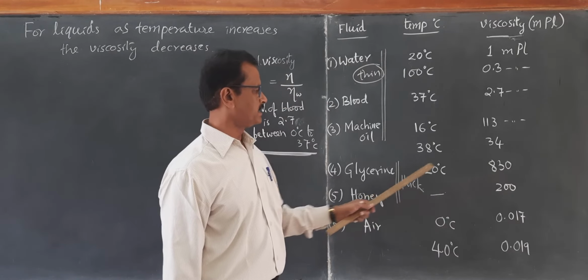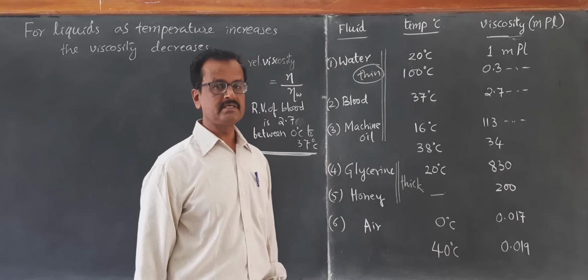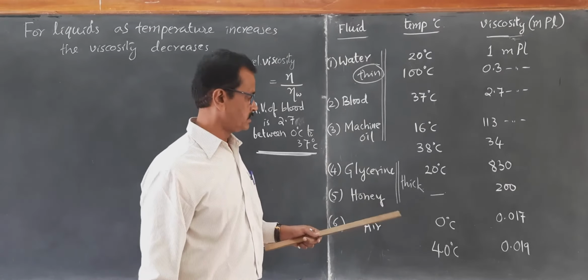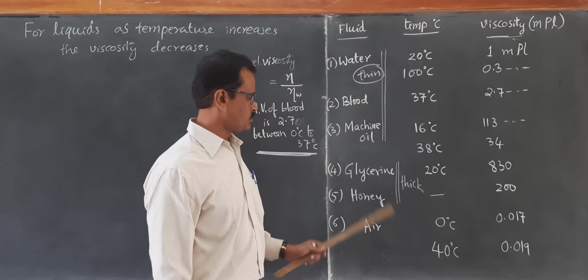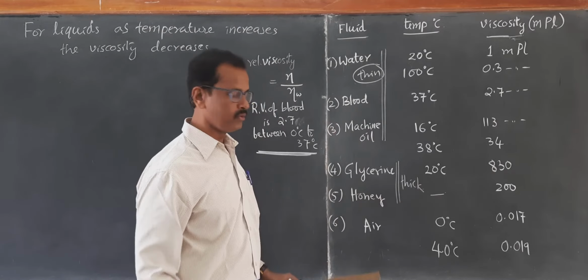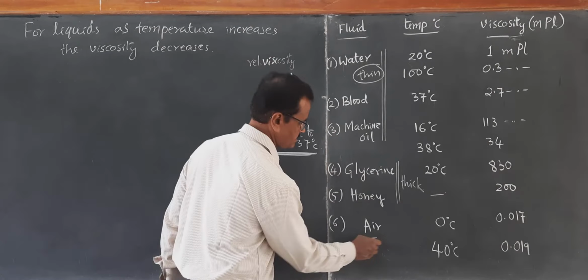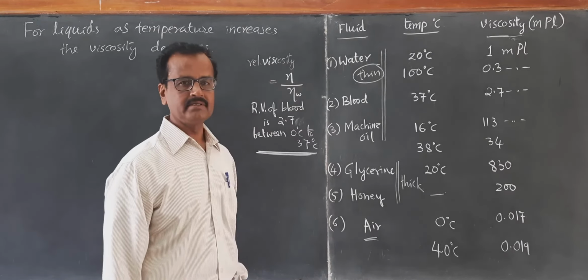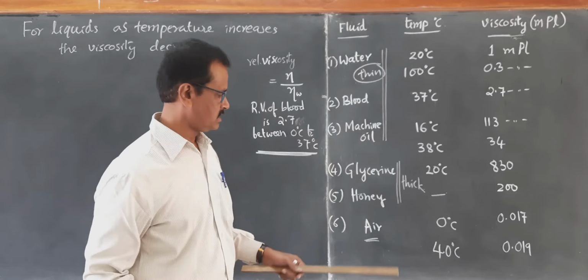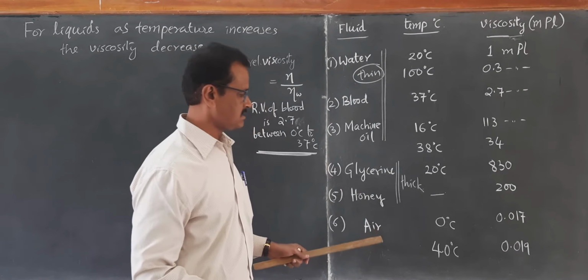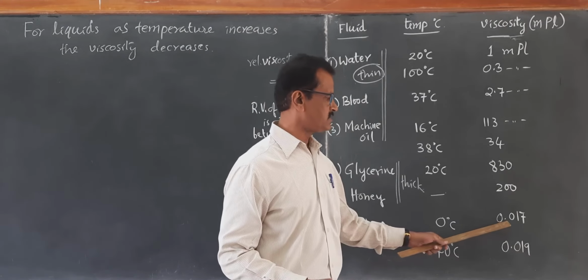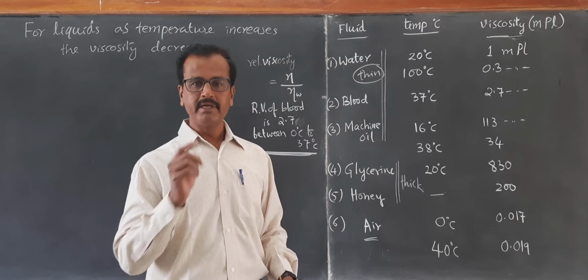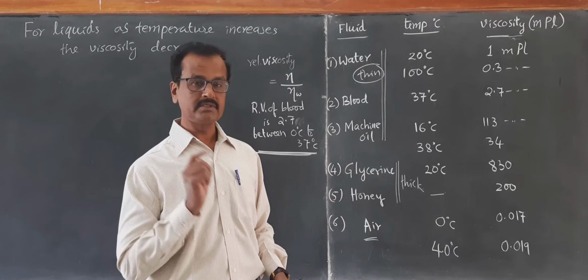At about 20 degrees Celsius, the viscosity of glycerin is 830 millipoise, whereas honey has 200 millipoise. So these are all about the liquids. Now look at the gas. The gases have different behavior. It is exactly reverse. Look at a gas like air. Air at 0 degrees Celsius has 0.013 millipoise.